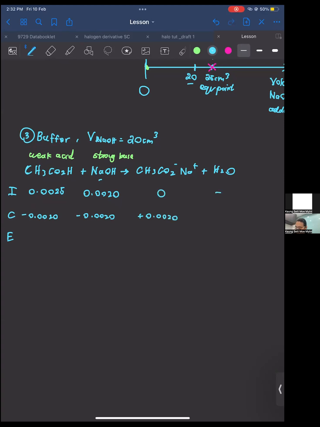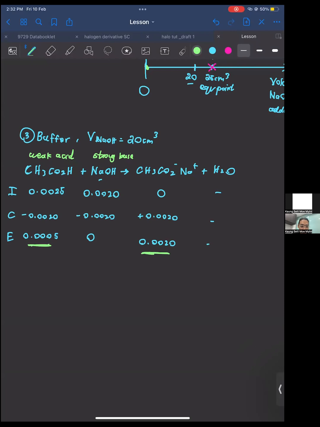No salt to begin with. We don't care about water. This is going to be 0.0005. No more NaOH. 0.002 of the salt is formed. Can you see this is a buffer scenario? You have the acid and the conjugate base left in the mixture.